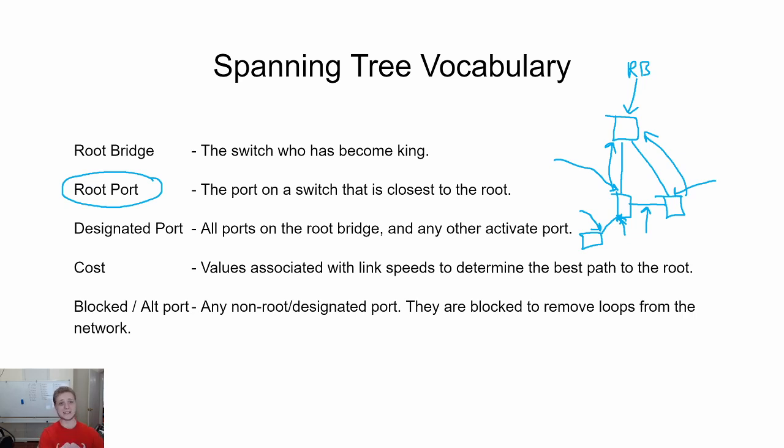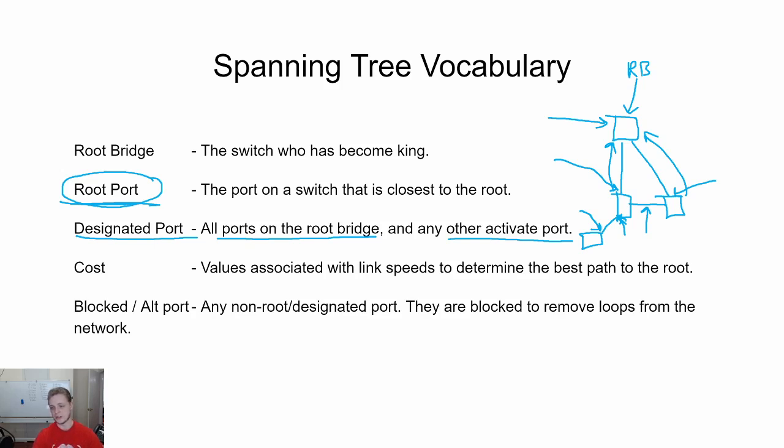We have the designated port. The designated ports are all the ports on the root bridge and any other active port other than our root ports. All of our ports on our root bridge are designated because all those ports are the closest to the root. We're not going to disable any of those ports. Any other active port on other switches besides the root port is going to be a designated port.